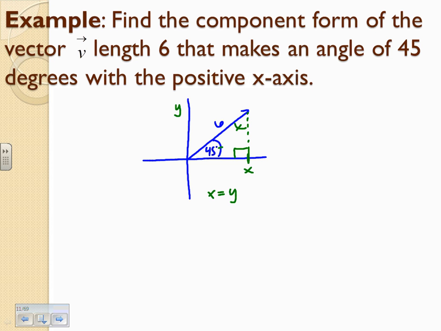Sure, sine what? We don't know, so you want to call it x and y. So that would be your x, that would be your y.